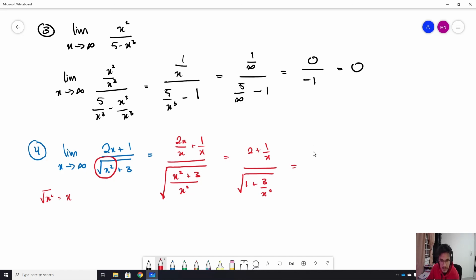So dekat sini kita akan substitute dia punya value of infinity. So 2 plus 1 over infinity over square root of 1 plus 3 over infinity. So 2 plus 0 over square root of 1 plus 0. So then we have 2 over square root of 1 equal to 2.